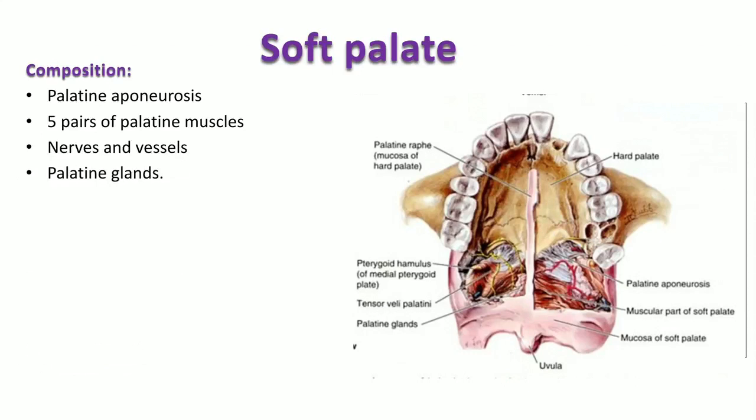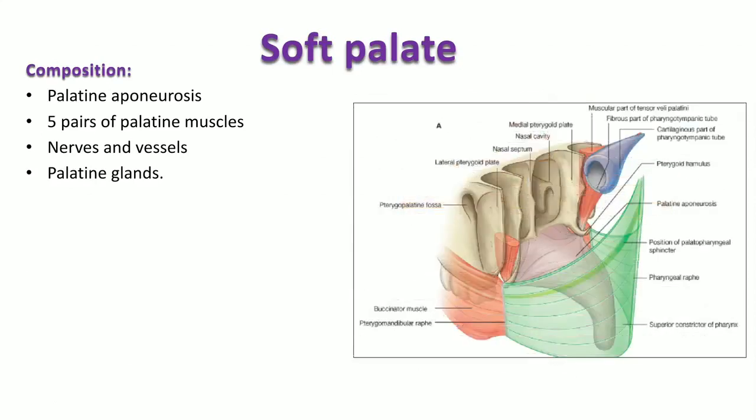Sometimes the palatine tonsil also extends into this surface. So now coming to the first, the framework of the soft palate is mainly formed by the palatine aponeurosis. Okay, so mainly formed by the palatine aponeurosis.